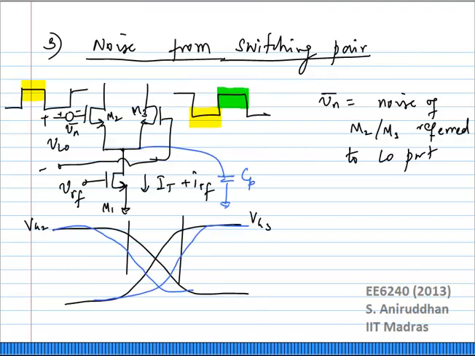Finally, we started looking at the noise from the switching pairs, and this was a little bit more complex to analyze. We said we are going to replace the noisy switching pair with the noise being referred to the common gates at the input of the LO port as a single voltage noise source. Such a noise source will only serve to change the switching instant of the differential pair.